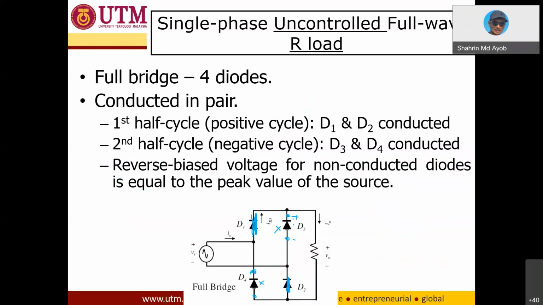Okay, what is the reverse bias voltage that needs to be sustained by this diode, for example D3 and D4? Let's see how we calculate that. So let's see this closed loop KVL.